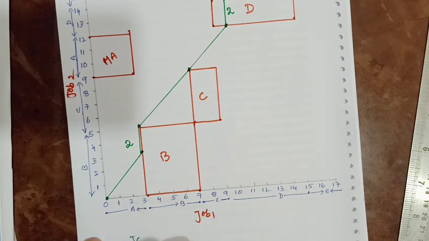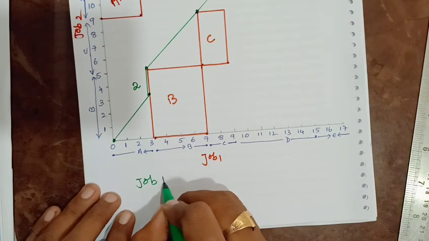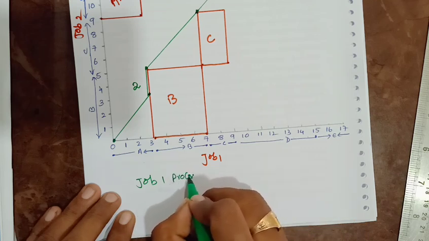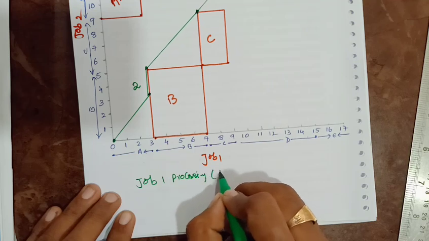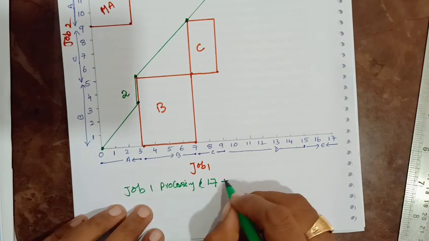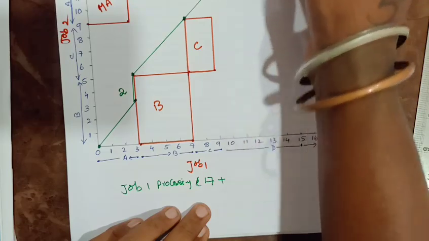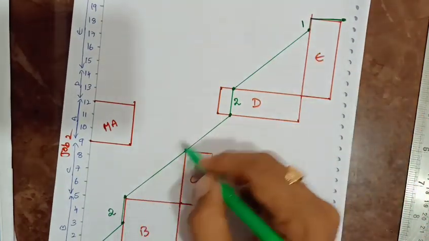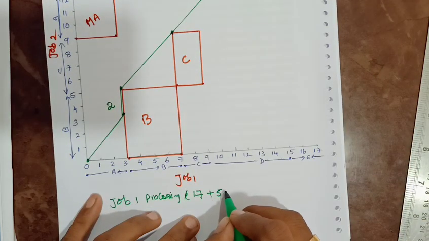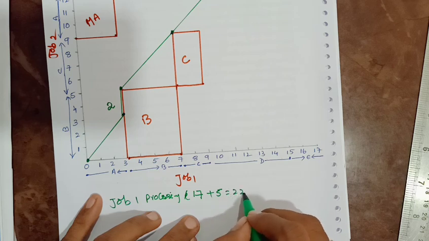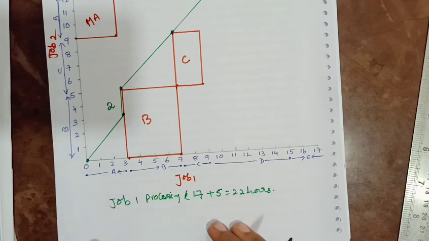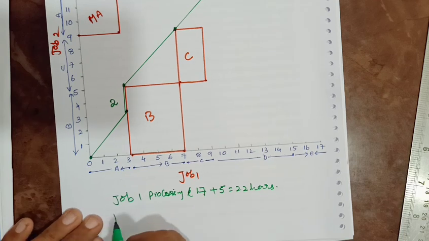So for job 1, processing time is 17 plus 2 plus 2 plus 1. So 2 plus 2 plus 1 will be 5. 17 plus 5 will be 22 hours. Okay.